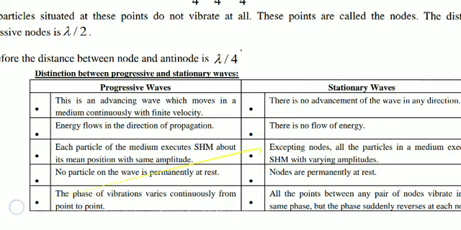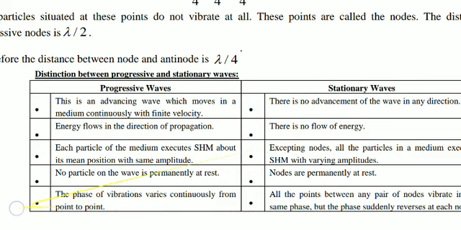Again, in case of progressive wave, the phase of the wave varies continuously from point to point. So if you see the longitudinal wave, the phase of the wave will be varying continuously. Every particle will have a different position and different direction of velocity at every point. That combination is called a phase. So the phase of every particle will be varying continuously.